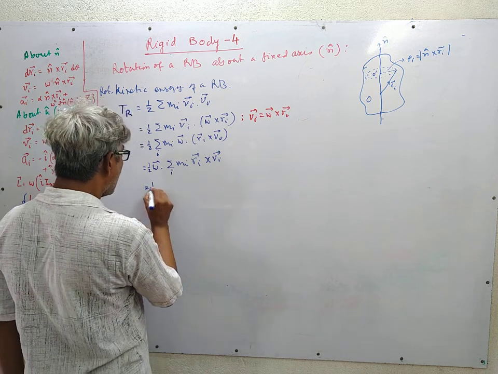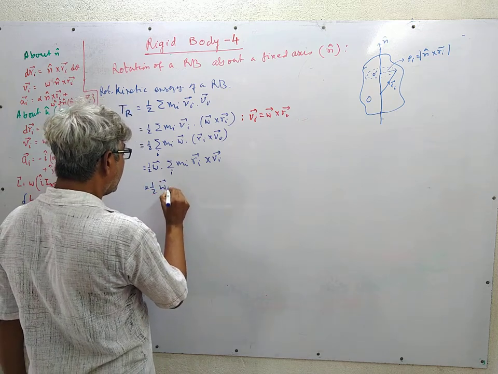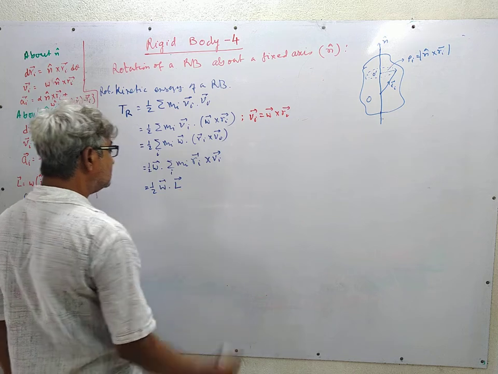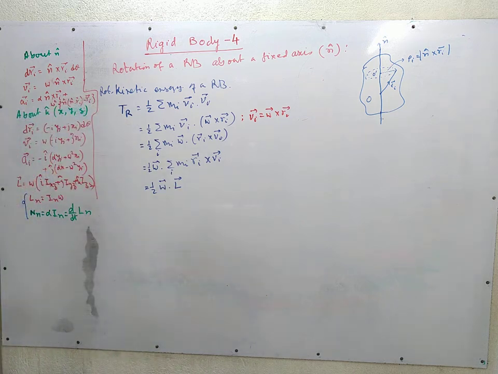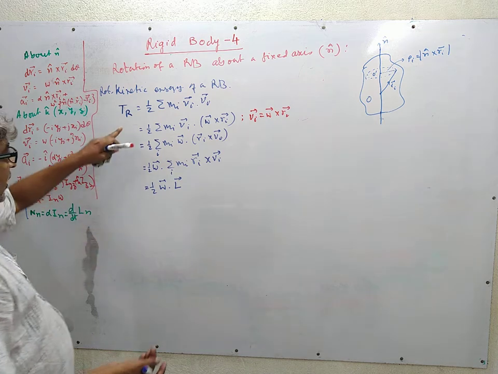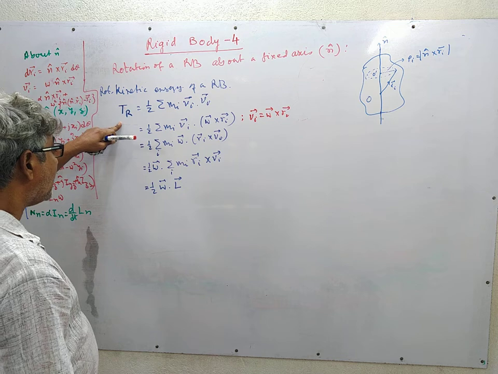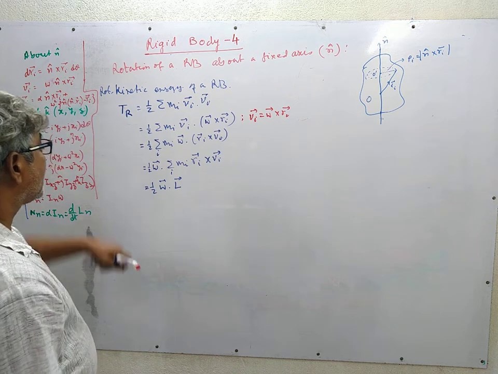So this is half omega dot L. This is the relation of rotational kinetic energy with angular momentum.